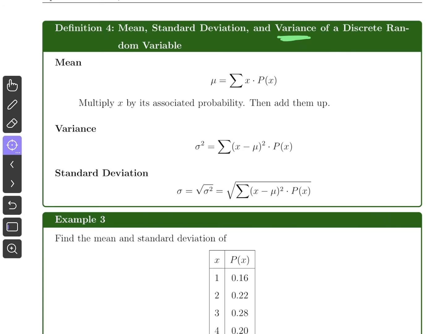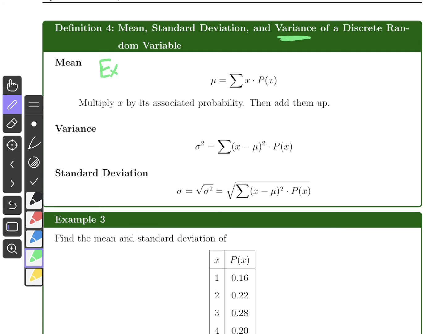So what happens is you're going to take your outcome and multiply it by its corresponding probability, and you're going to get a new number, whatever that is, and then you're going to add them together. The mean of a probability distribution is also called an expected value.